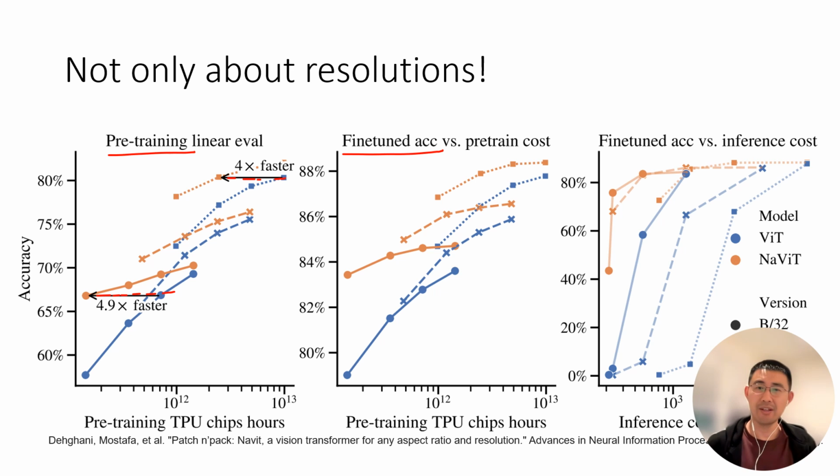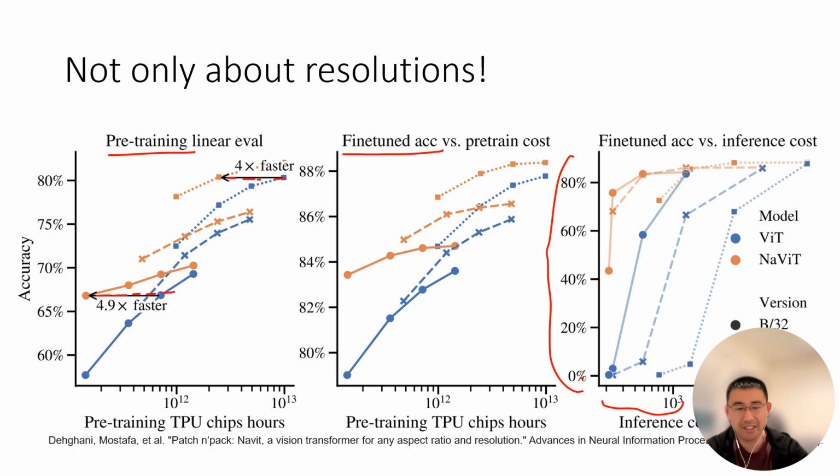Also, it's very convenient over here that the x-axis is the inference cost. The y-axis here is the accuracy. So it's making the serving much more convenient and continuous. What I mean by that is, if you have a super expensive model like this one, yes, it can have high accuracy at a very high computational cost. Or you can downsample the image.